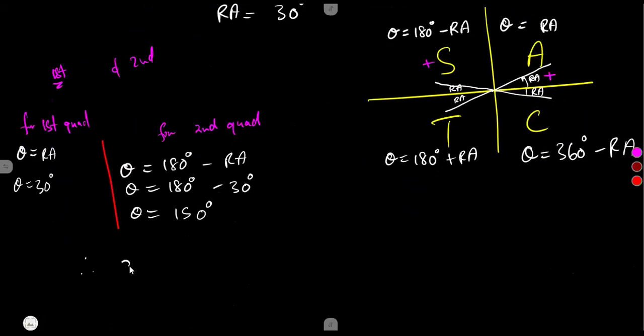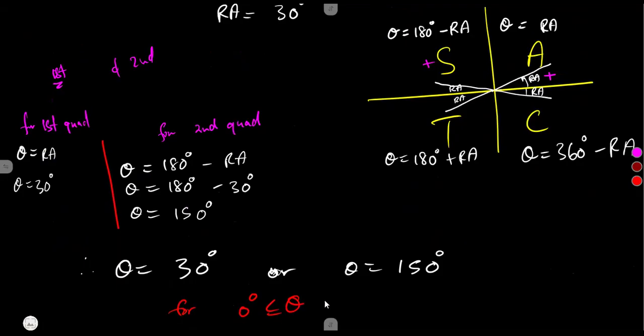Theta is equal to 30 degrees, or theta is equal to 150 degrees, for the interval that we are given, theta greater than or equal to 0, but less than or equal to 360 degrees. For that interval, we could have been talking of other answers which are different from this if the interval was changed. So you work with what you're given. From 0 to 360, that's it.